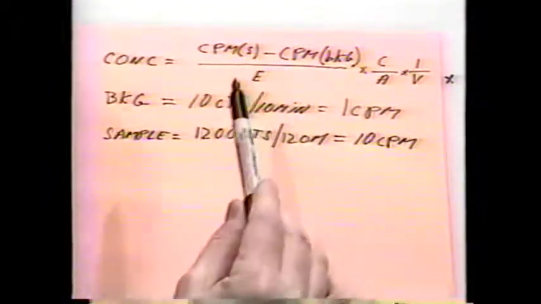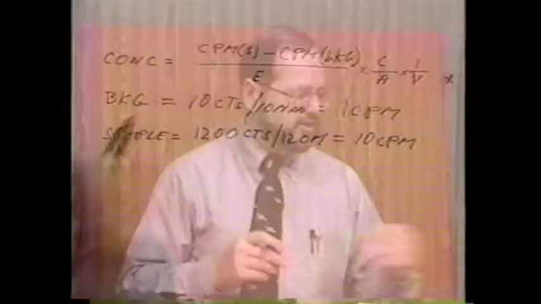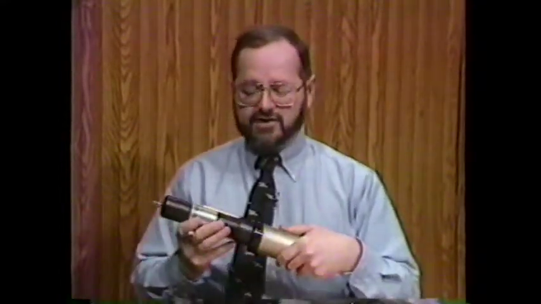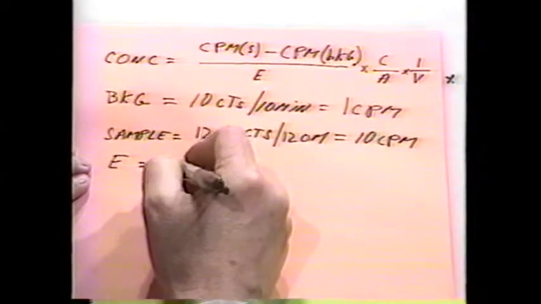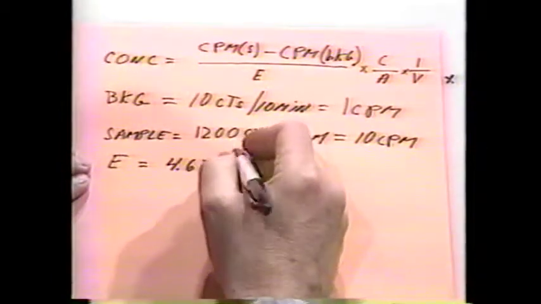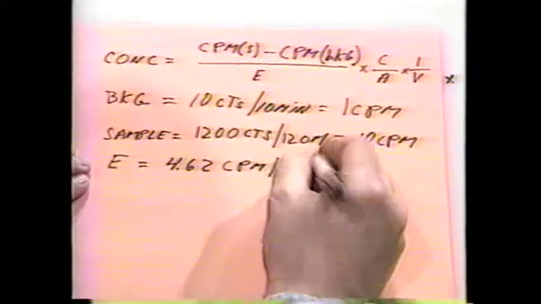The efficiency of the system, that is the scintillation cell plus the photo tube, you see for every picocurie of radiation you have in the scintillation cell doesn't mean you're going to see 1 count per minute using the photo tube. And generally it's different from that. And in this particular case, the efficiency, at least for this example, is 4.62, and it's counts per minute per picocurie.